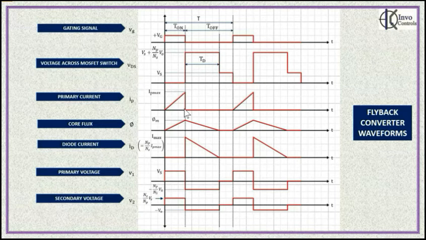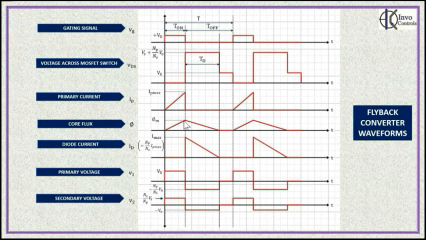If you look at the core flux, it has a value phi m or phi max, and this core flux is tending to decrease. Although it is phi max at the instant t on, it is tending to decrease subsequently in the cycle.